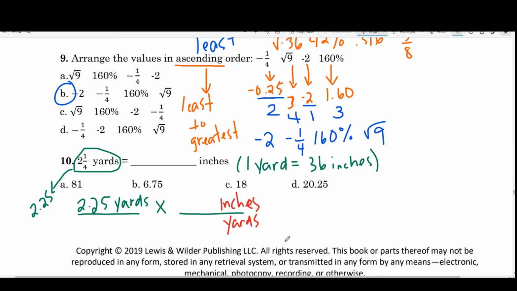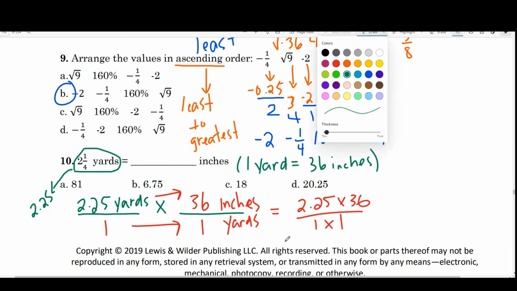From here, we fill in our values, add a 1 as a placeholder, and then you just multiply straight across. So we're going to say 2.25 times 36, and then 1 times 1.